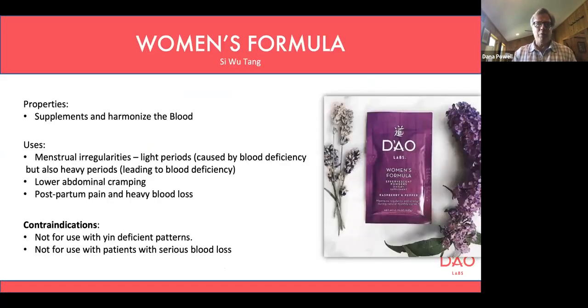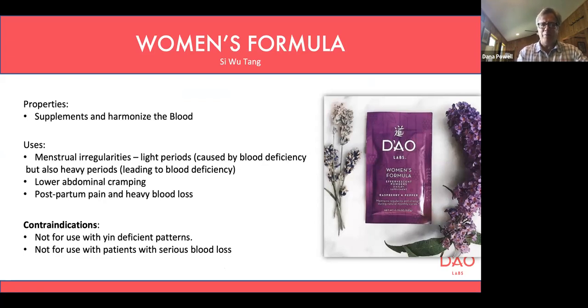Okay, let's go on to Women's Formula. This is our version of Si Wu Tang, or the Four Substances Decoction. This is an extremely important formula in gynecology, Chinese medicine gynecology. It supplements and harmonizes the blood.